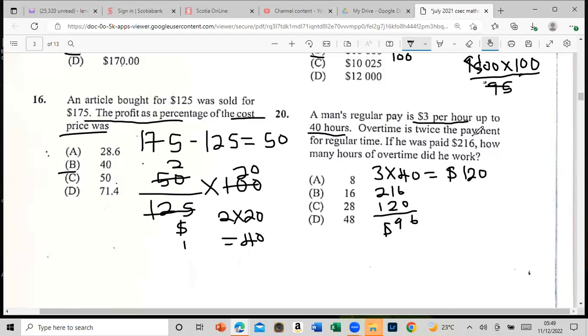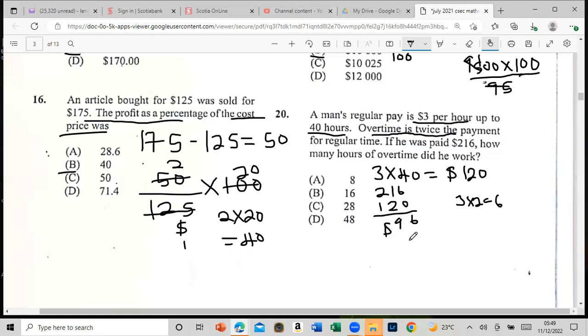But remember, they say that the overtime rate is twice the payment of regular time. So if you pay $3 for regular, that means overtime is $6, because that's twice, right? So he's being paid $6 for overtime.